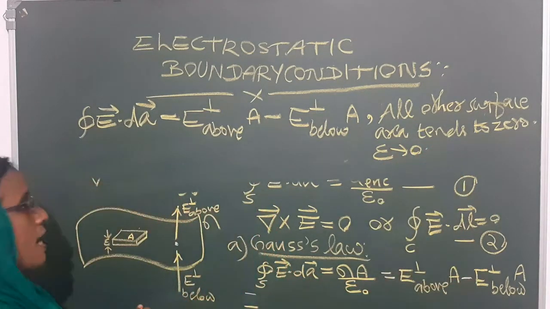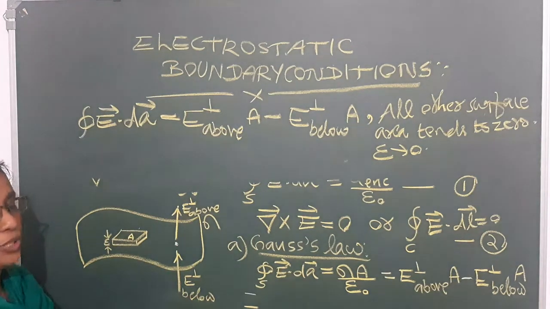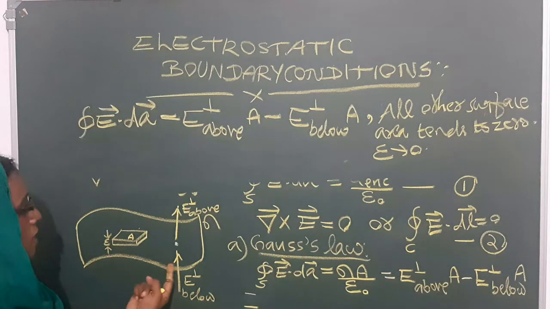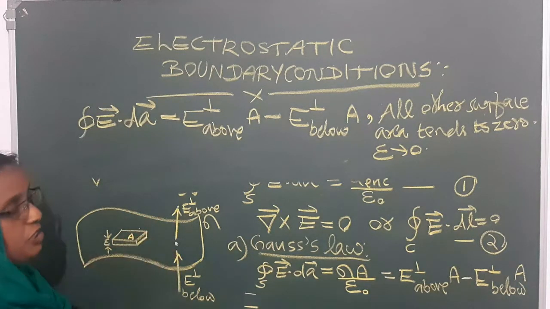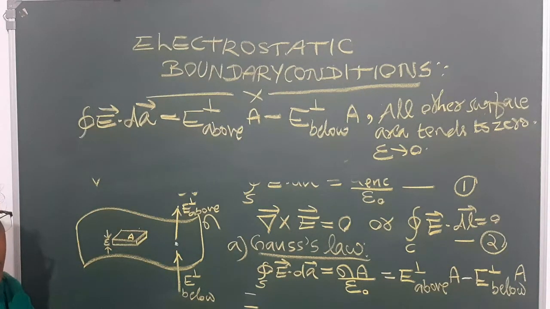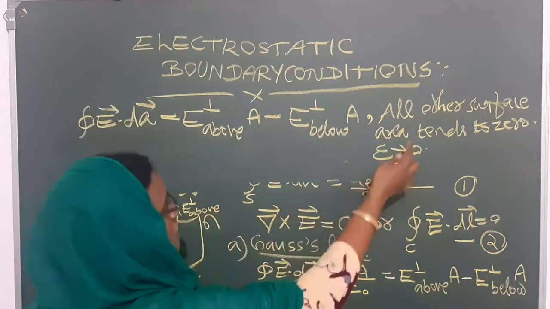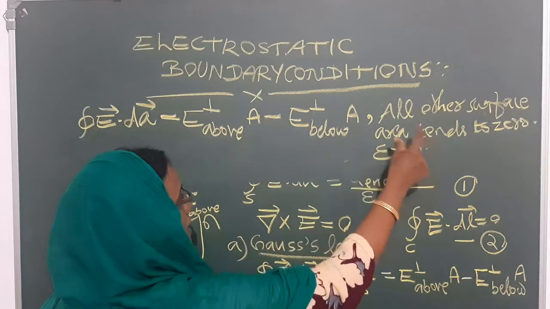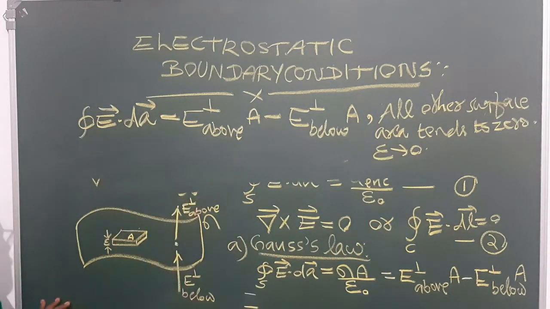So for all other four surfaces, their area tends to 0, and there is no need of taking the component. Otherwise, you would have to take the component of electric field along the area direction. But now we assume epsilon is very small, so this area tends to 0 and only this much contributes.